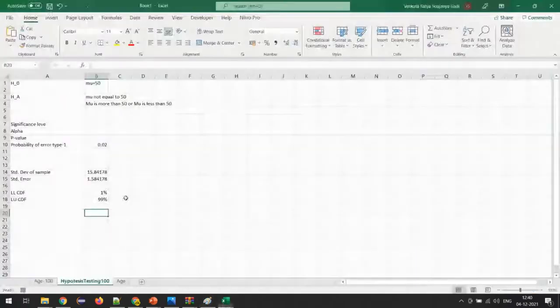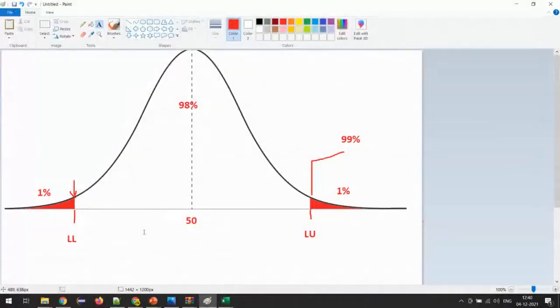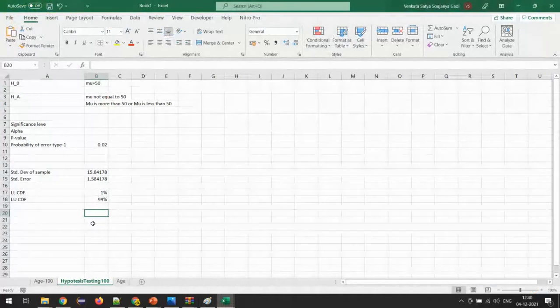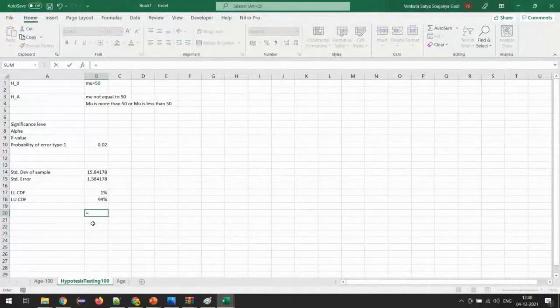So let's apply the inverse of the cumulative distribution function, the normal distribution inverse. What is the probability? 1%. When it is 1%, the mean, we know, is 50, and the standard deviation, we know, is 1.58.